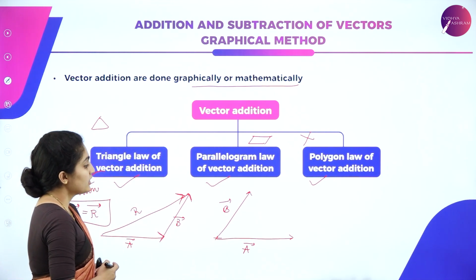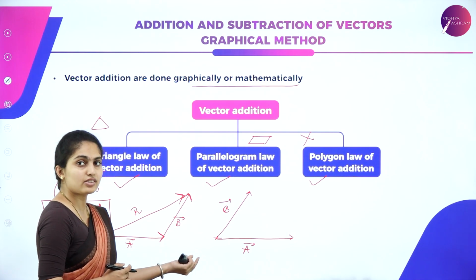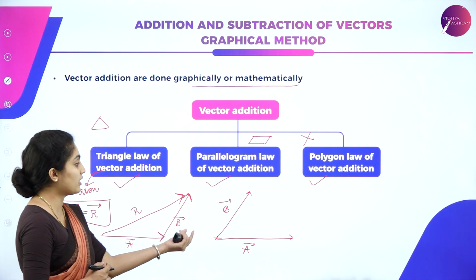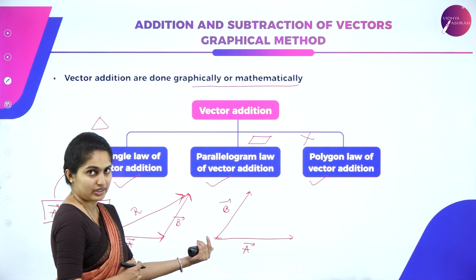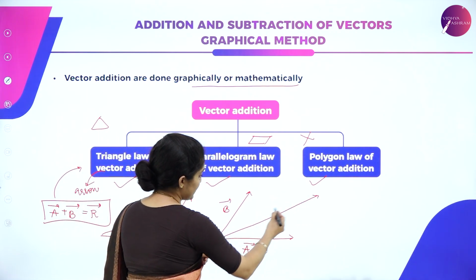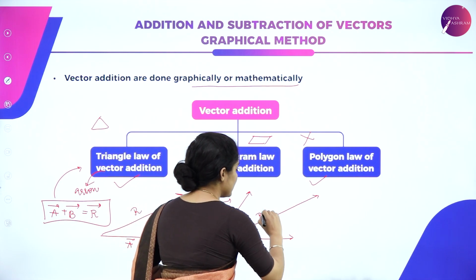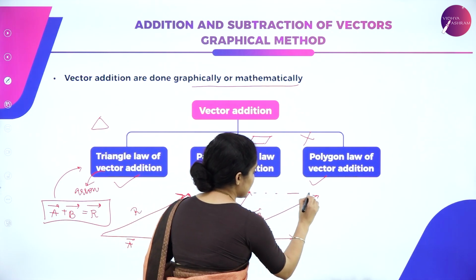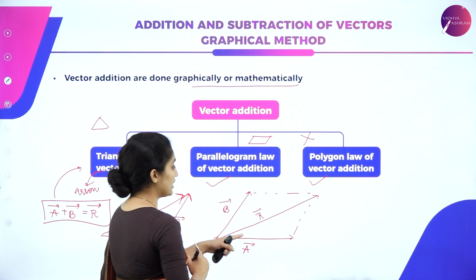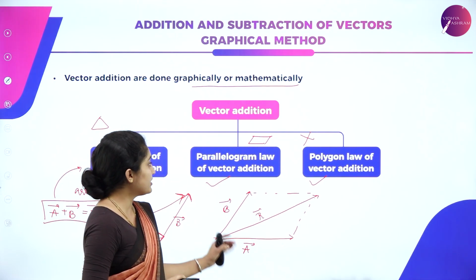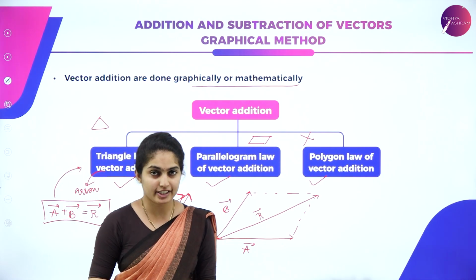If the 2 sides of the parallelogram are adjacent to each other, then the diagonal drawn from that point of intersection gives you the resultant vector. So that is about your parallelogram law of vector addition.